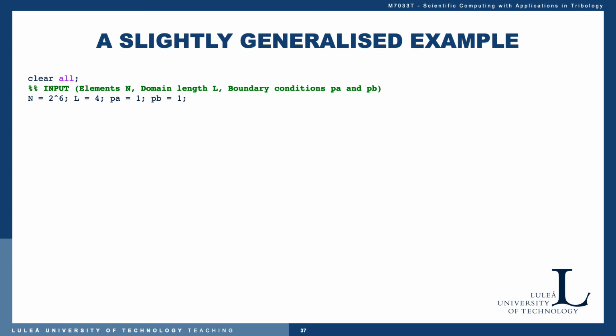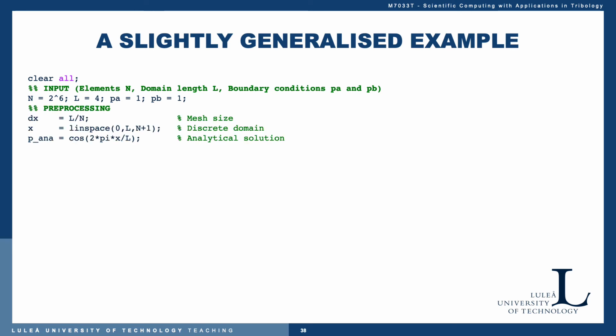And here we have a slightly generalized example. It is the same equation, but now we take a little bit more care and we specify the number of nodes, the number of elements, the length of the domain, and we can specify the boundary conditions.